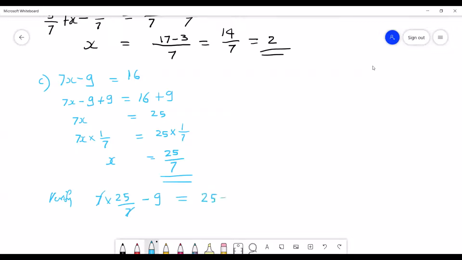Then 25 minus 9 is 16. So this is verified. In this way, you can do the checking also, whether the answer that you got is right. Whatever value of x you are getting, insert the value of x in this 7x. Replace x by 25 by 7 and check whether you are getting 16. If you are getting 16 as the answer, then the value that you found for x is right.